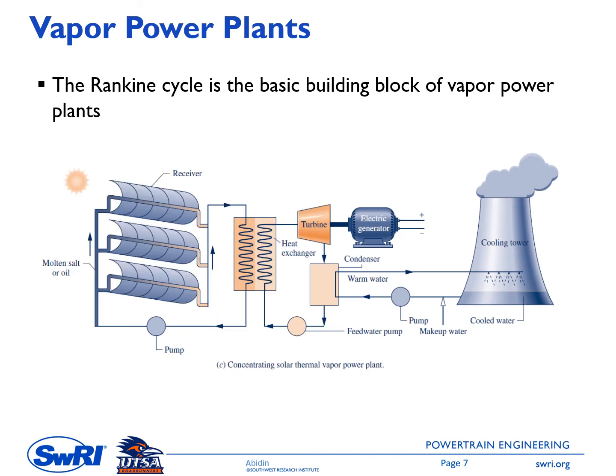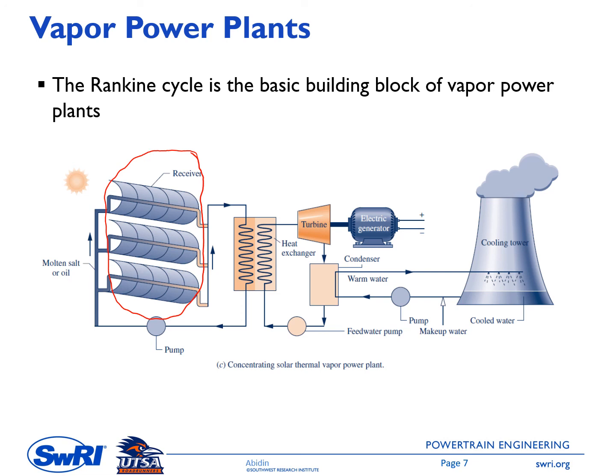And then this one is using solar energy to provide the energy for the vapor power plant. This one is the receiver of the solar energy, which is collected and transferred to this working fluid.